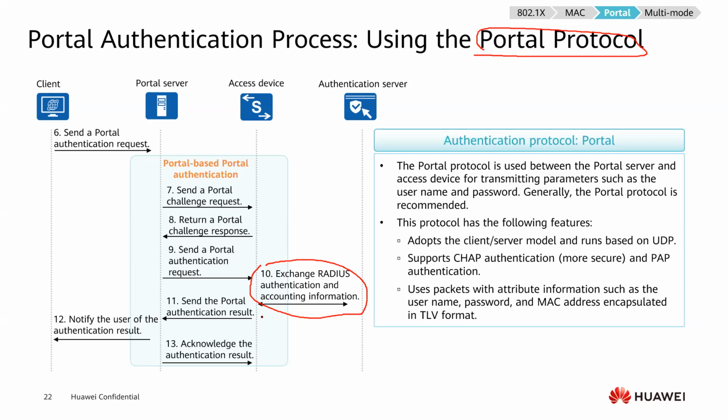It will send the result back to the access devices, which also send it back to the portal server, and the result is also sent back to the client. When the portal server sends the result to the client, it will also acknowledge to the access devices that it has sent the result to the client. So this is the process if we use the portal protocol and transmit the identification information between the portal server and the access devices.